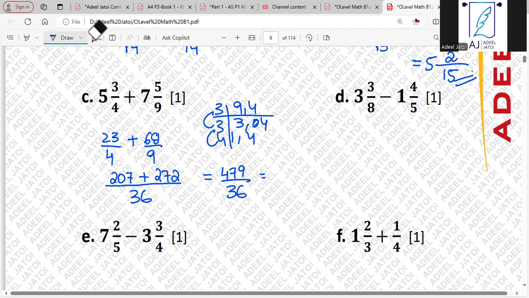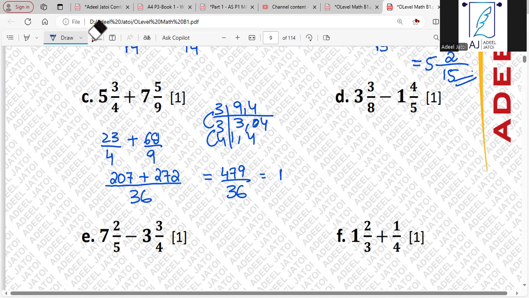Now, obviously, you can't cancel this. So you can give the answer in this form, or you can eventually give the answer as a mixed number. So 36 into 10 is what? 360. So 36 into 13 is 468.